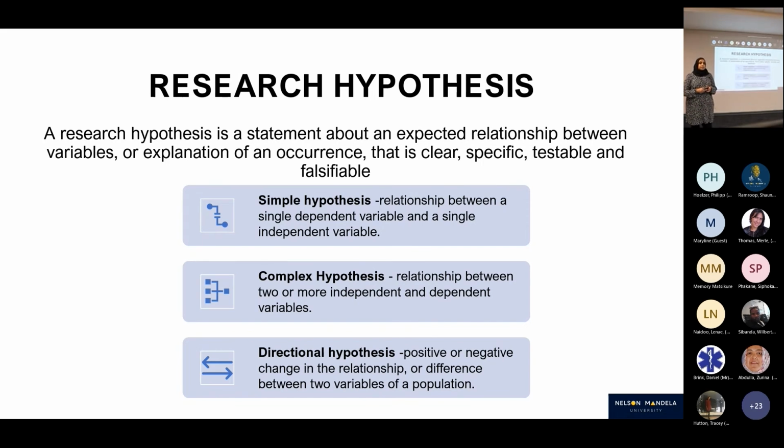In terms of the research hypothesis, just to quickly summarize, there are three different types of research hypotheses. There's a simple research hypothesis, which is very simple. It's a relationship between a single dependent variable and a single independent variable. So that would be, for example, the relationship between wearing a mask and the spread of COVID-19. Okay.